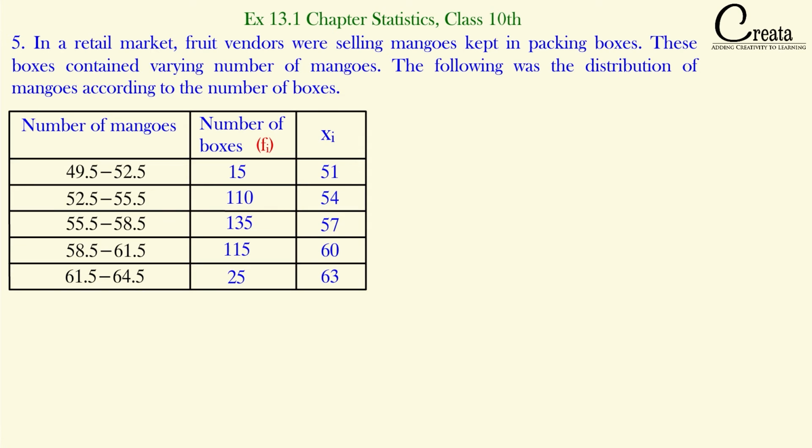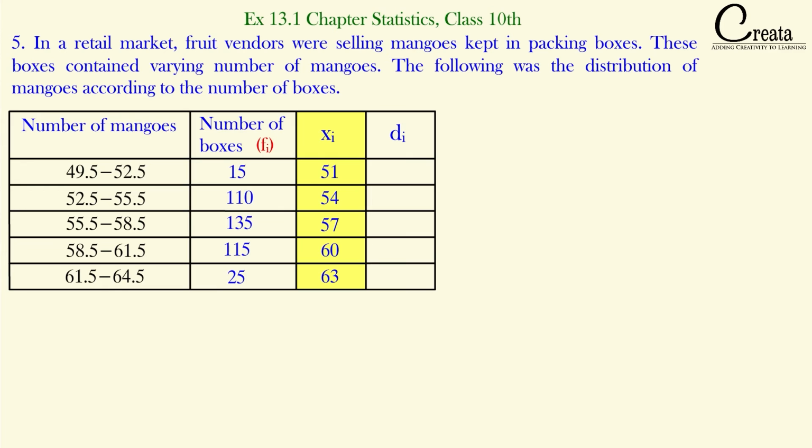These are all the values of xi and they look slightly big. So we will go to the next method, that is the assumed mean method. In the assumed mean method, we find the deviation. But what is the first step? The first step is finding the assumed mean.